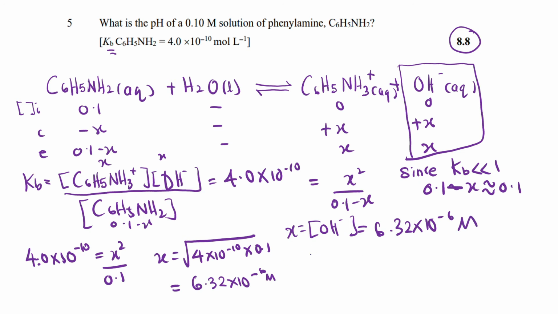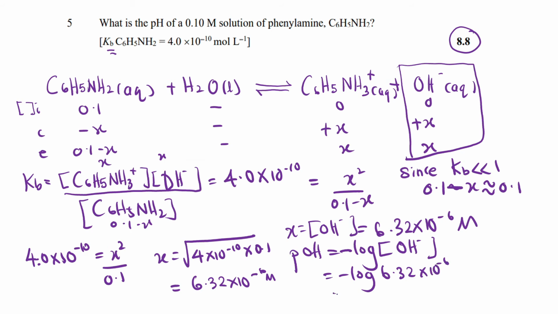Jadi kalau OH minus, kita akan dapat nilai pOH. pOH is equal to negative log concentration OH minus. Jadi gantikan saja nilai dia, negative log 6.32 exponent negative 6. So kita akan dapat pOH. Jadi pOH is equal to 5.2.